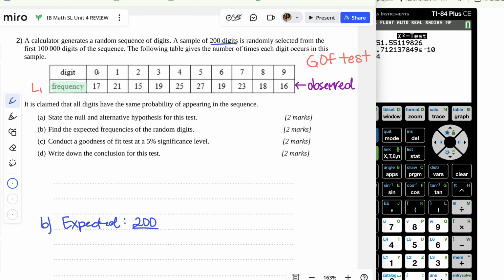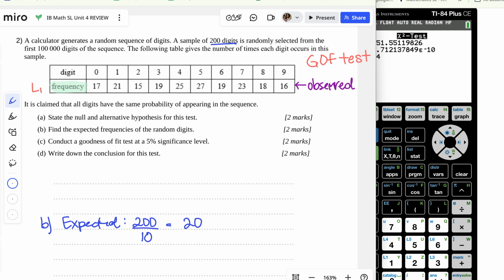There are 10 digits: 1, 2, 3, 4, 5, 6, 7, 8, 9, 10. That's including 0. So if it was the same probability, it would land 20 times for each number.